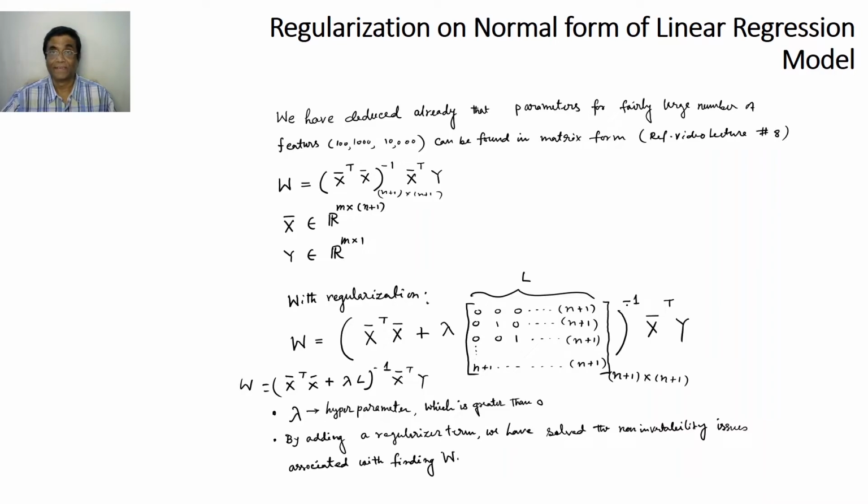So the regularizer will always ensure that the inversion of such a matrix exists. So you see, the regularizer has a great, positive effect even in the matrix form of the normal equation of the linear regression model. This lambda has to be greater than 0, any positive value.